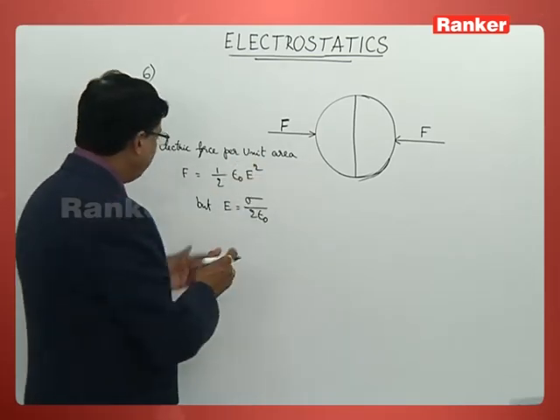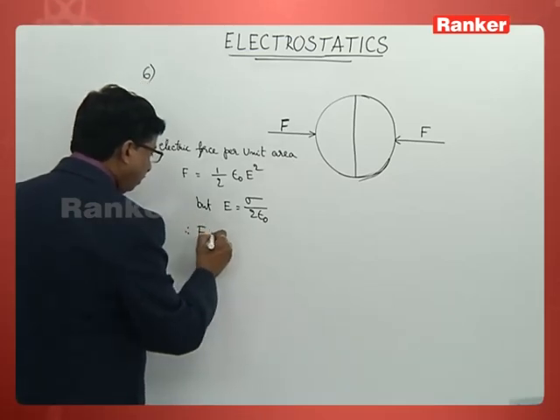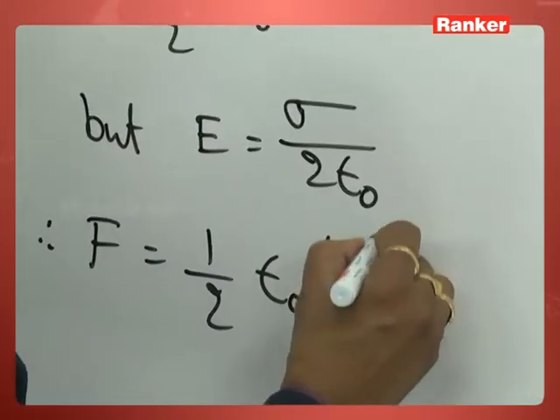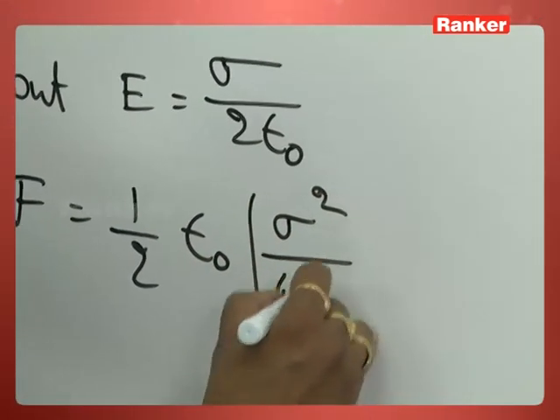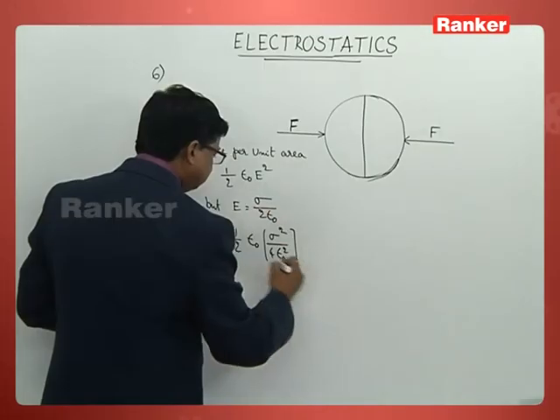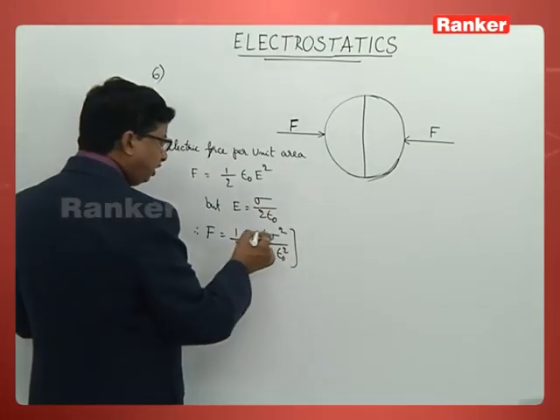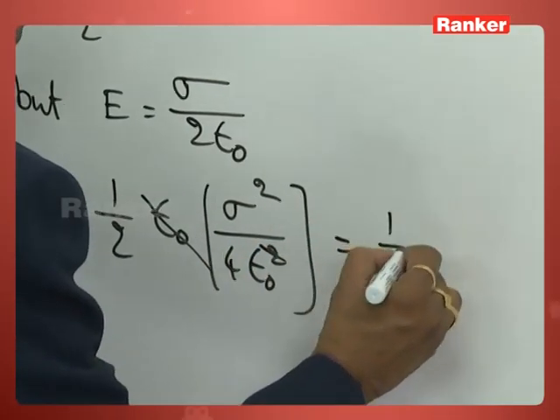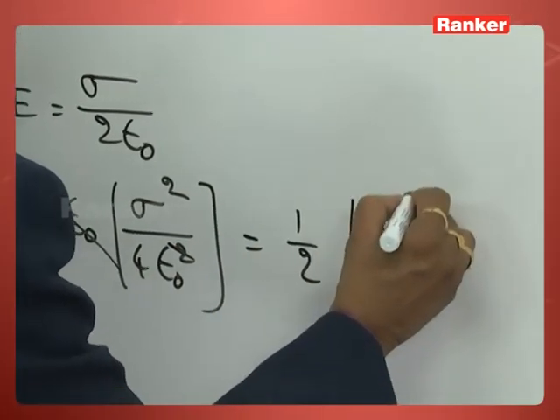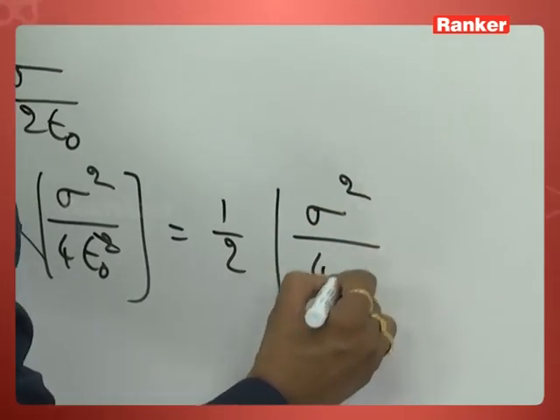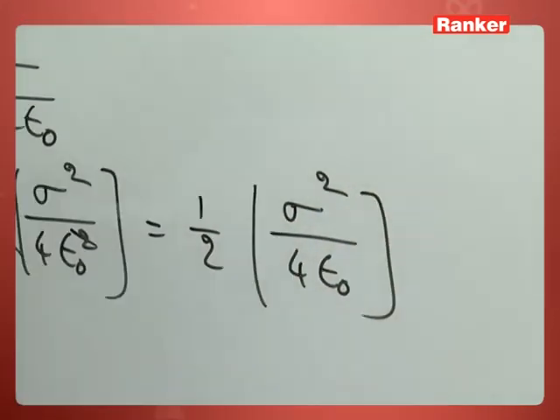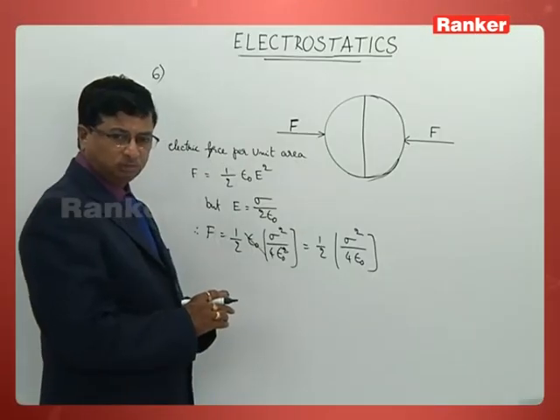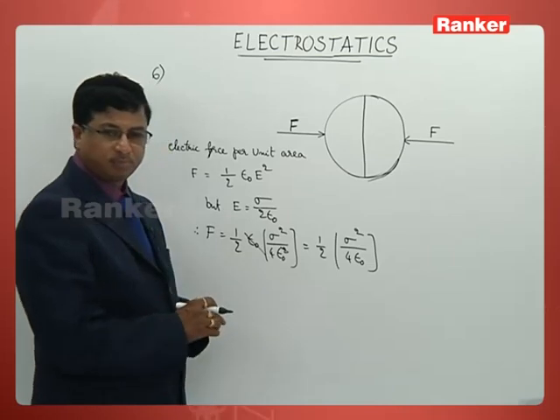You will be getting now F is equal to half of epsilon naught into sigma square by 4 epsilon naught square. You can certainly understand epsilon naught getting cancelled. You are left with half into sigma square by 4 epsilon naught. Till that extent we can understand what is the concept there.